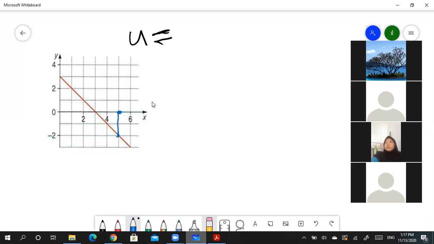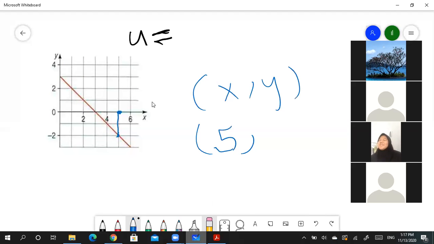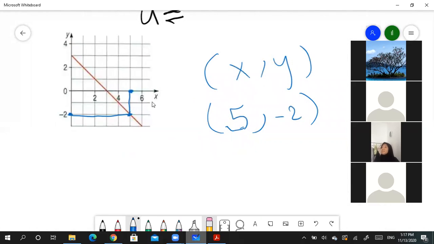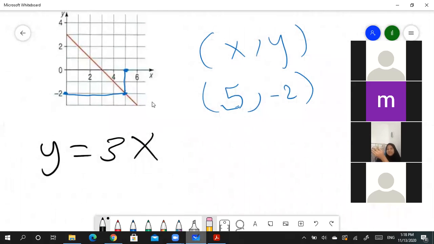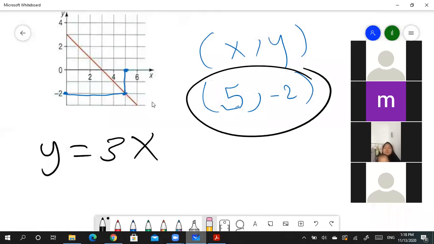On x it's 5, and on y it is -2. So the point is 5 and -2.